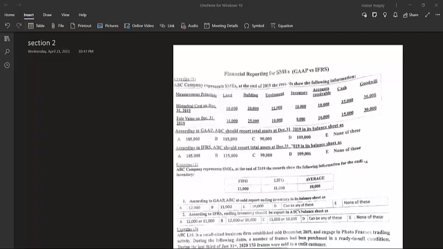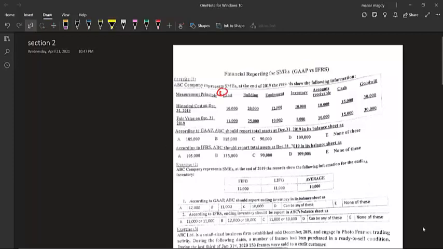Here in example number 1, we have a company which is an SME, and at the end of 2019 they have reported the following numbers. As we can see, the company had land, building, equipment, inventory, accounts receivable, cash, and goodwill.